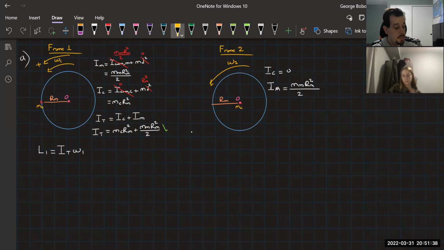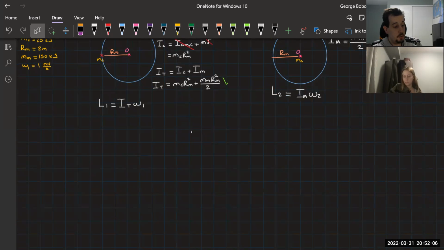You don't need to indicate that on the diagram, but it's nice to know again. So what is L2 now? The final angular momentum. I omega 2. Right. So it's really I total, but the child does not contribute this time. And we get just the product of these two.